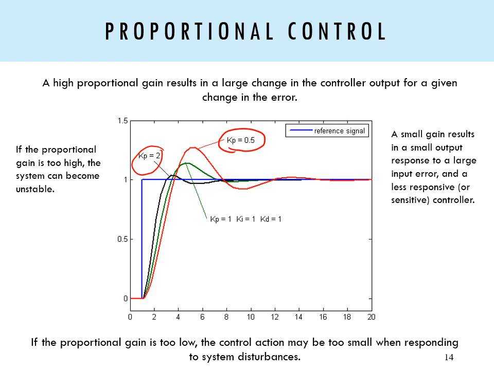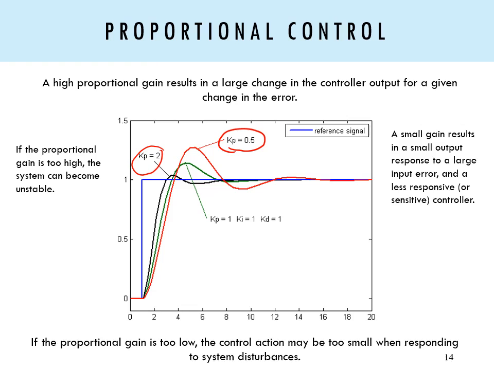It is stated that a high proportional gain results in a large change in the controller output for a given change in the error. So if the proportional gain is too high, the system can become unstable. It can be observed from the process response curve of this black line. What we can observe from this figure is that the process response curve becomes oscillated around the set point.